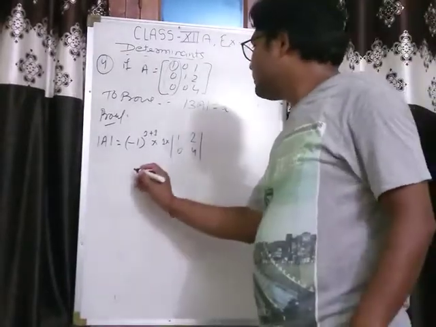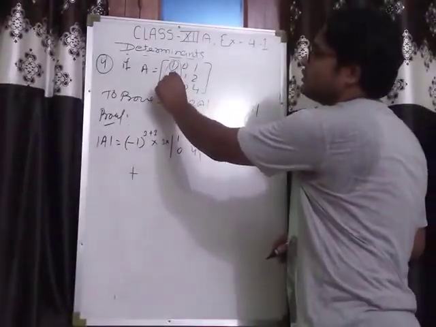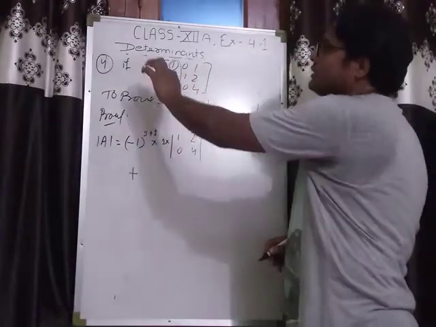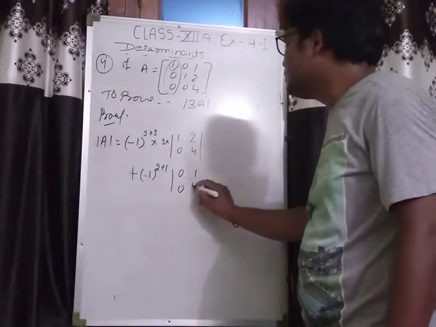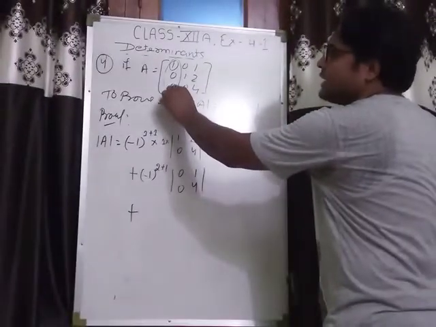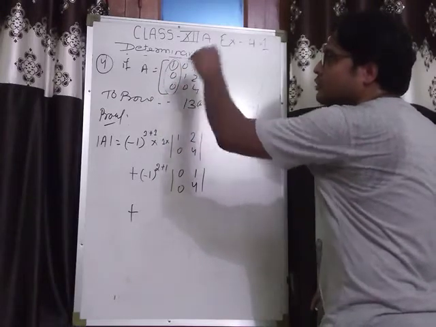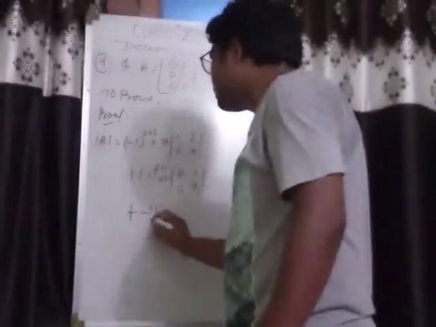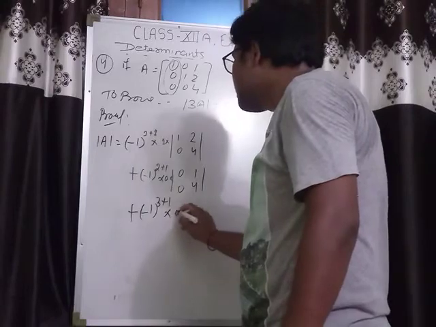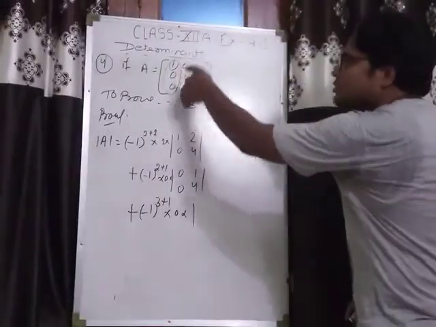Then plus, now come to the second one, this element related to second row and first column, so -1 to the power second row plus first column. Now leave this second row and first column. We have [0 1; 0 4], find out its determinant. Again plus, now this one, that is this element related to third row and first column, into 0 here also, so -1 to the power third row first column into 0, that entry, and now leave this row and this column.